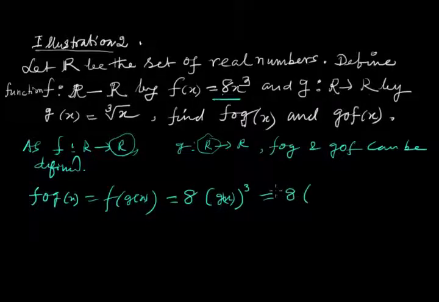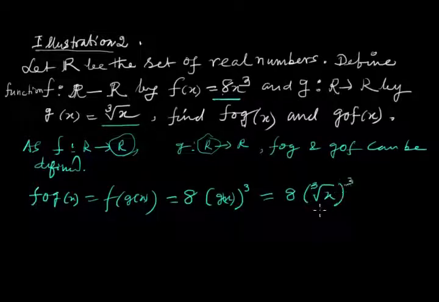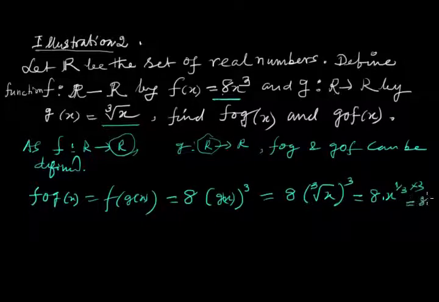And g(x) means the cube root of x, so 8 times the cube root of x, cubed. And the cube root of x to the power 3 is x to the power 1/3 times 3, so you can write 8x.